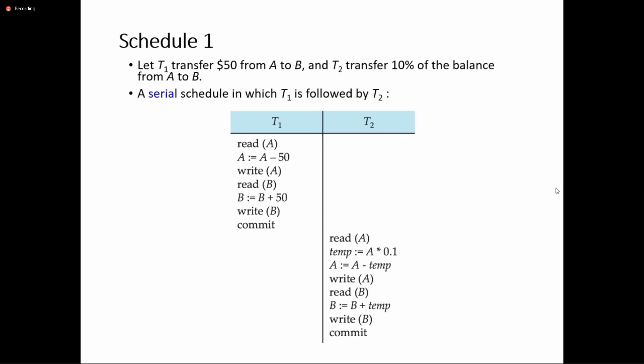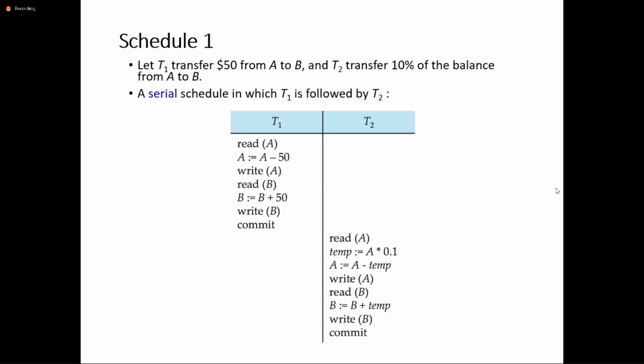How much is that? Now read A, which is $950. Then 10% is $95. You want to deduct: 950 minus 95 is 855. Okay, 855 is the balance of A.